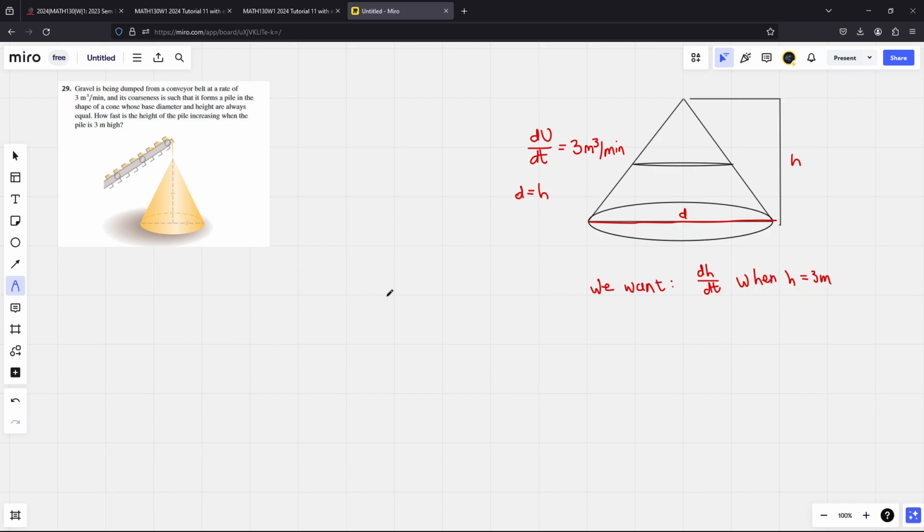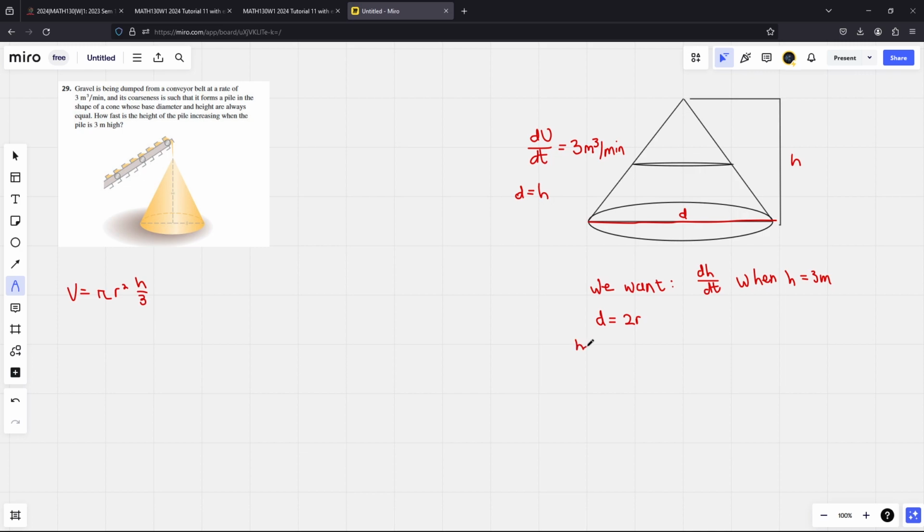So let's get into our solution. The first thing to think about is the volume of our cone, and that's pi r squared multiplied by h over 3. Now we don't have any information about r, but we do know that the diameter is equal to the height at all times, and the diameter is just 2 times the radius.